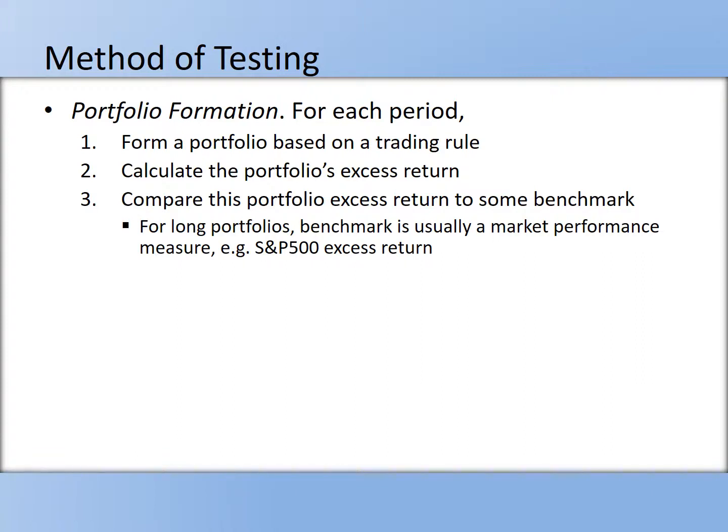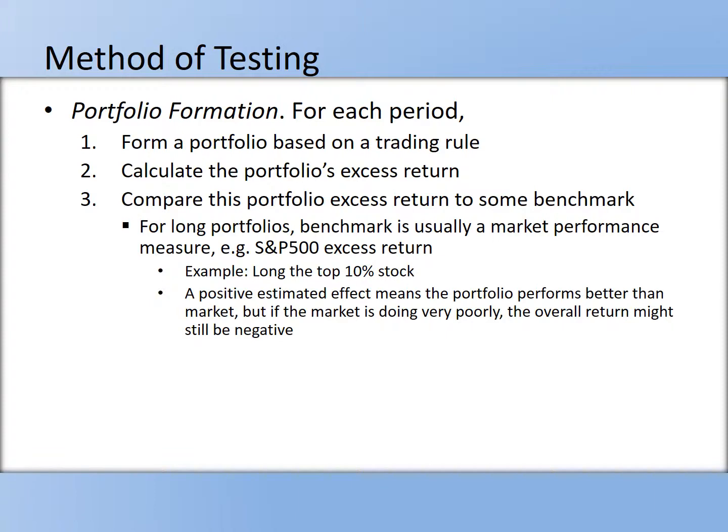To be very accurate, you probably should use a value weighted average of the whole market. But then the S&P 500 is very often good enough. So, for example, let's say you are buying the top 10% stock, then this would be what you would want to do.